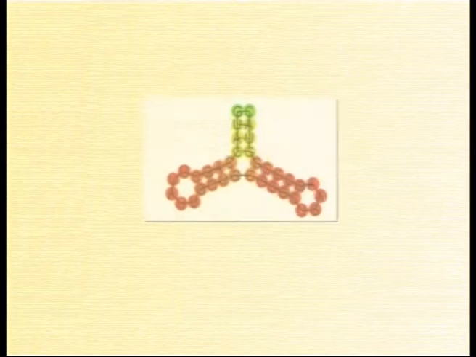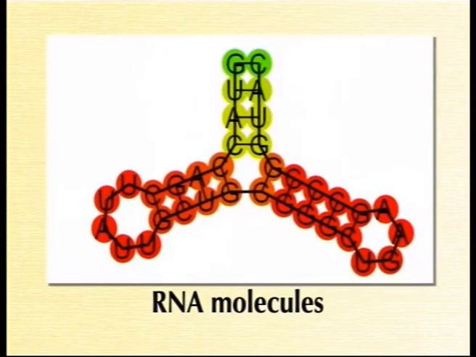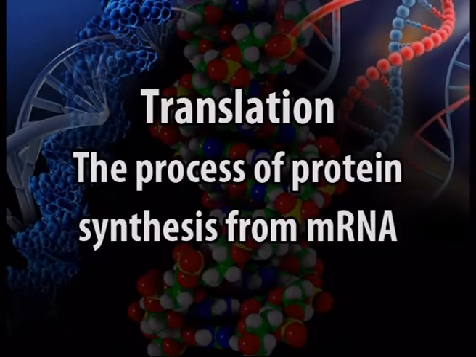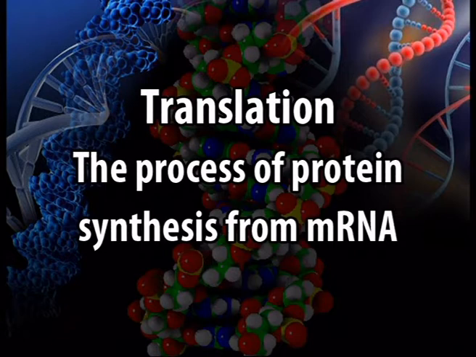Well, the flow of information contained in sequences of DNA bases takes place through two important processes: transcription and translation. Transcription is the process of synthesizing RNA molecules, messenger RNA molecules, as you must be knowing, from a DNA template, followed by translation, the process of protein synthesis from mRNA.